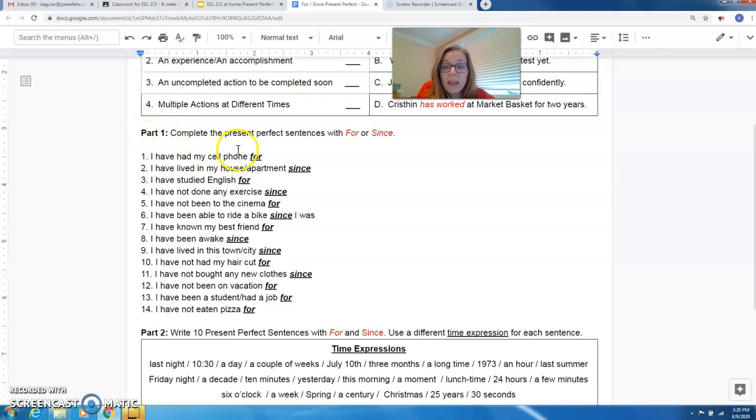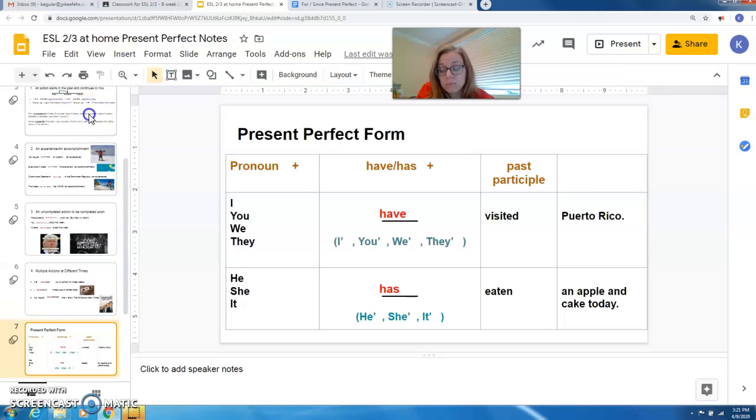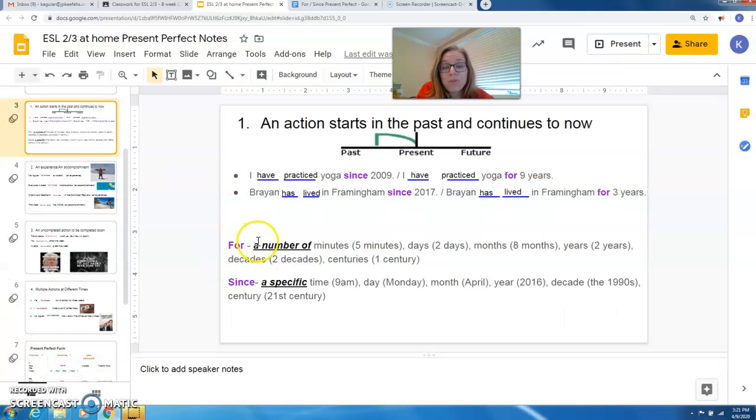Part 1, complete the present perfect sentences with for or since. So number 1, I have had my cell phone for, and remember, guys, with for, it's a number of minutes. It could be 5 minutes.